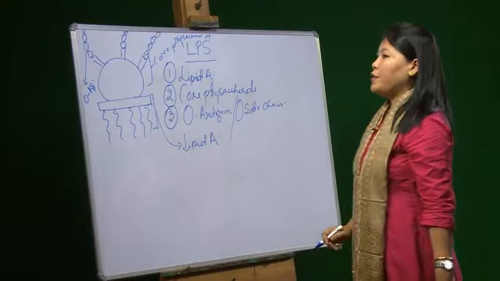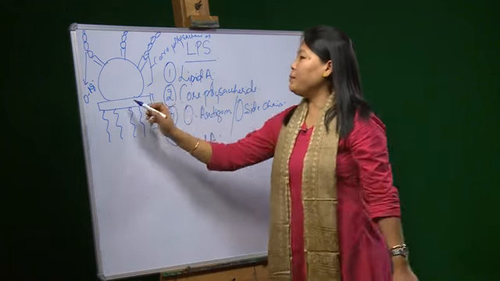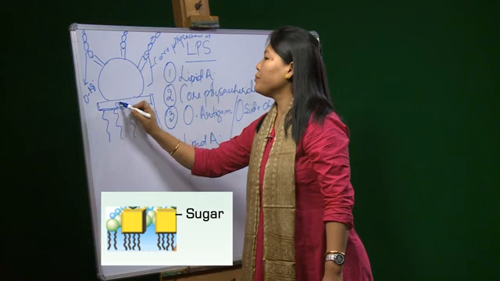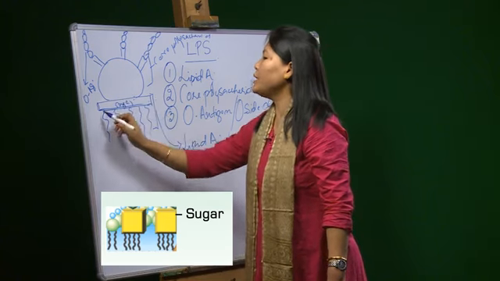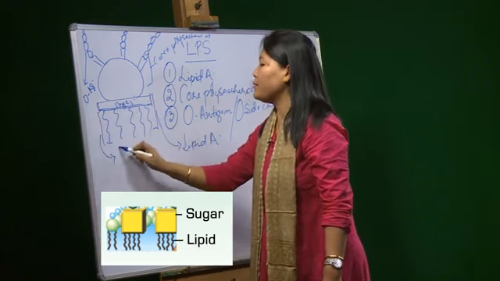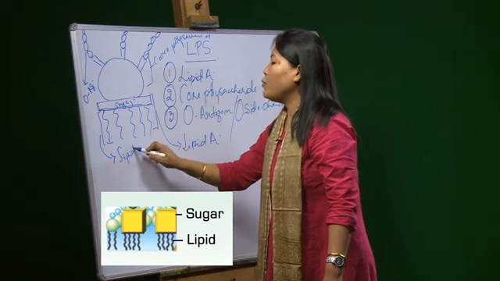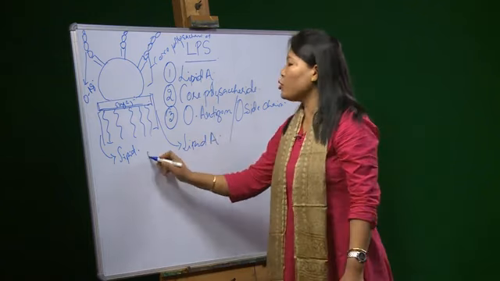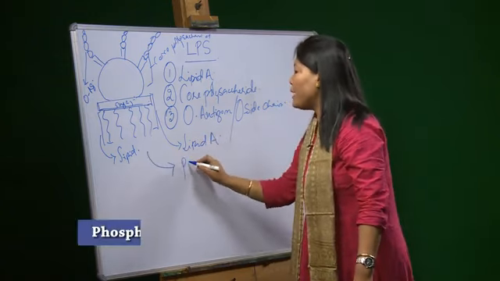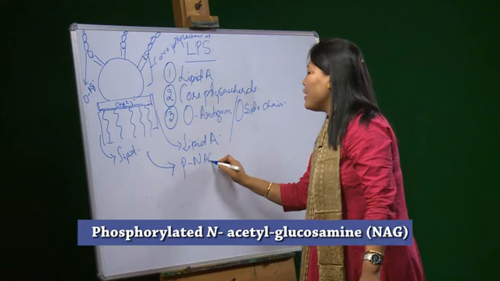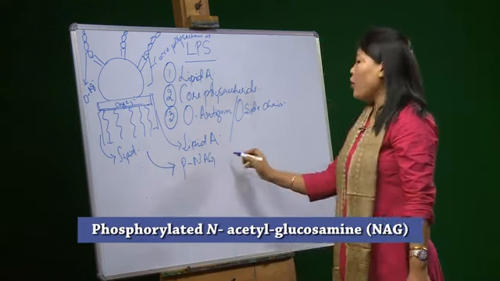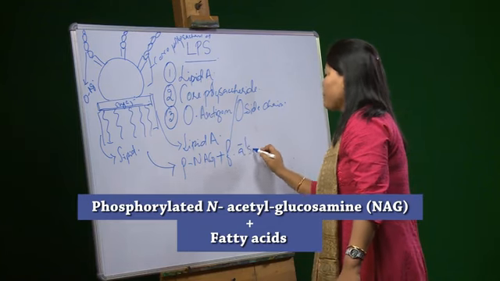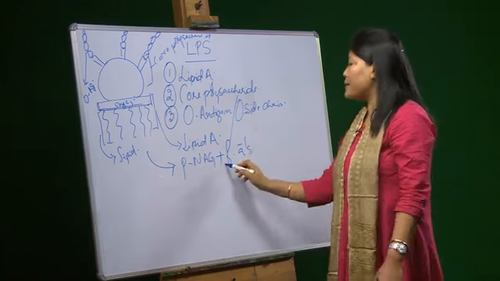Here, first we'll come to the lipid A portion. This particular part is the sugar, and this portion is the lipid. When we come to the composition of lipid A, it is composed of phosphorylated N-acetyl glucosamine along with the fatty acids.